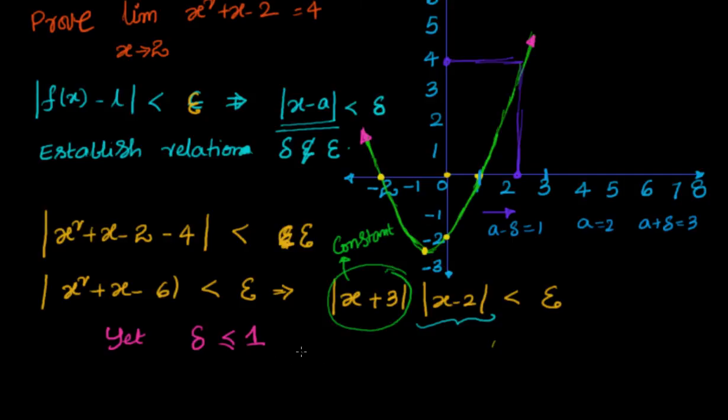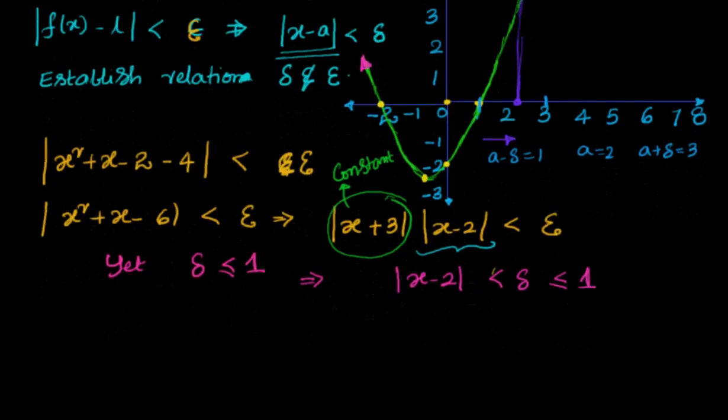Once we say delta less than or equal to 1, can I go ahead and say |x - 2| is less than delta, which is less than or equal to 1. Now what we are trying to do? We are trying to put a constant value, or we are trying to find out its maximum value. Now this is nothing but minus 1 less than x minus 2 less than 1. And what we want is x plus 3.